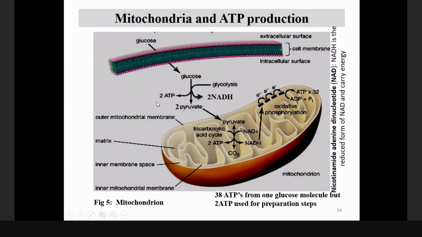Oxidative phosphorylation is the formation of ATP using oxygen, and that's called aerobic respiration. That aerobic respiration is because of your mitochondria.